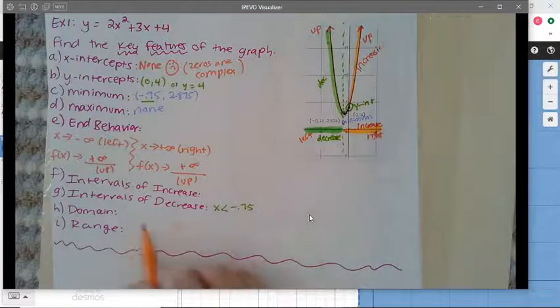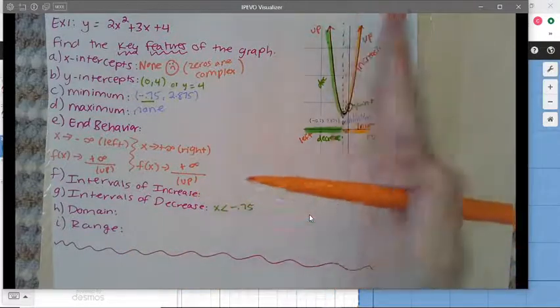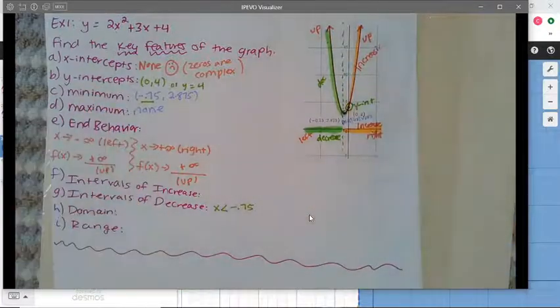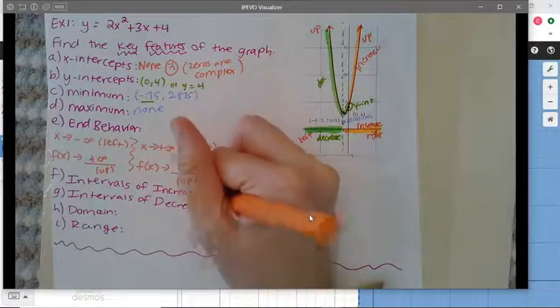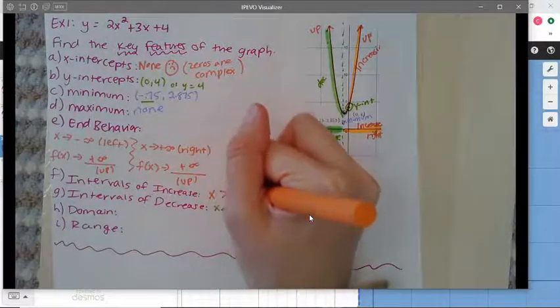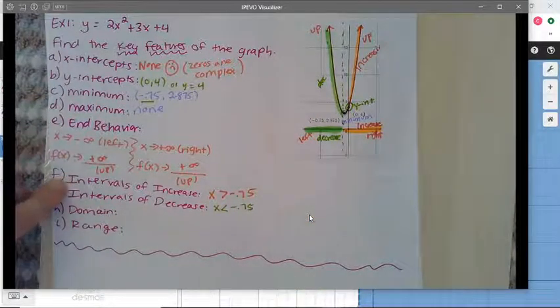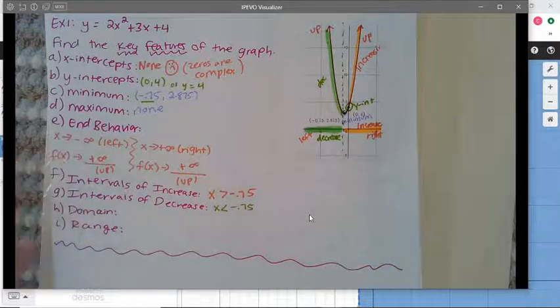Okay, so the intervals that increase, when we're to the right of this line, we're going to be greater than the values. When we're to the left of this line, we're going to be less than. So this is where x is greater than negative 0.75. Okay, which this concept I know is a little tricky, but the more we do it, I promise, the more it'll make sense. Okay, well, the last step is the domain and range.